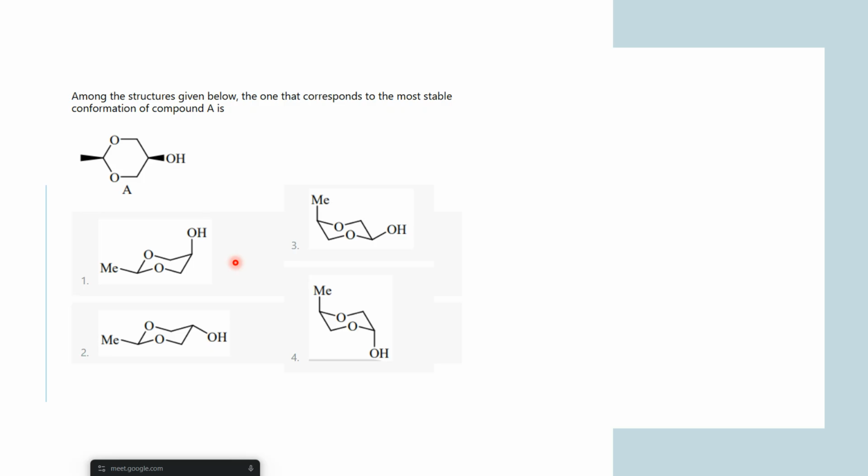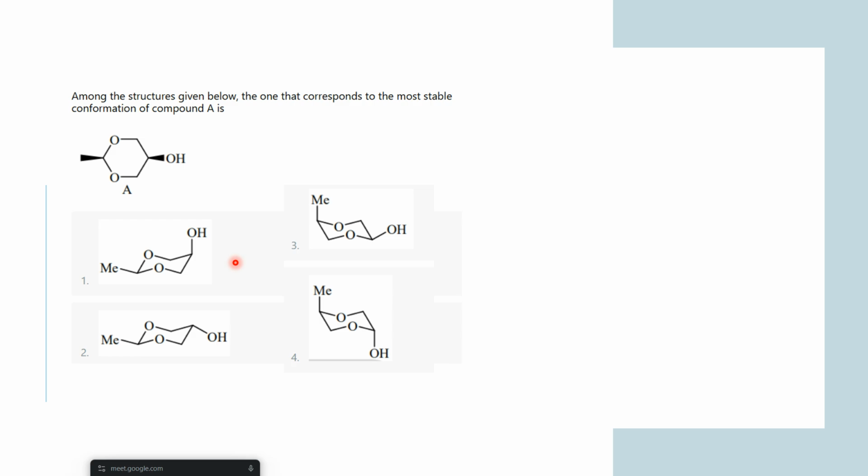Let us move to more complex questions. So we will now talk about a few more exceptional conformations which will not follow the conventional way of placing the substituents in equatorial position.